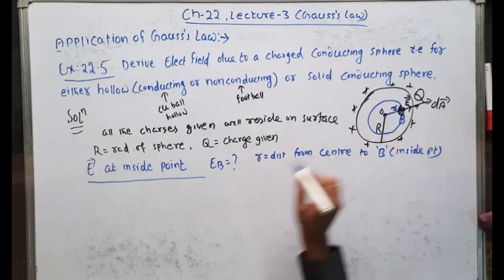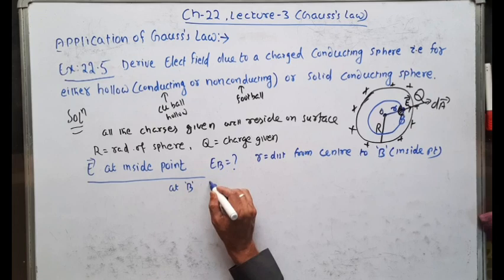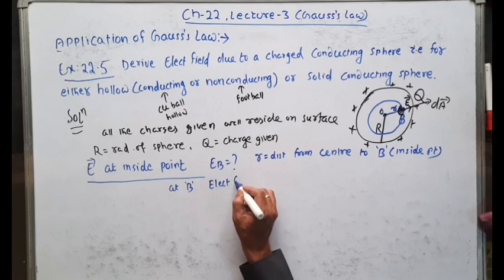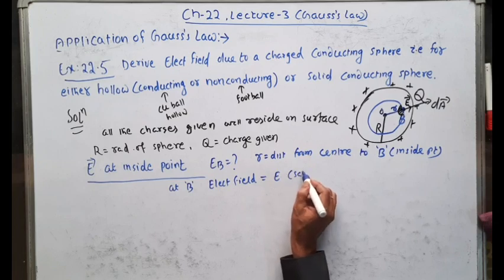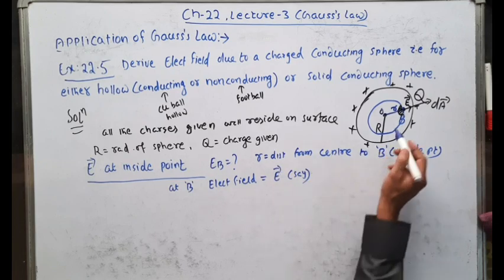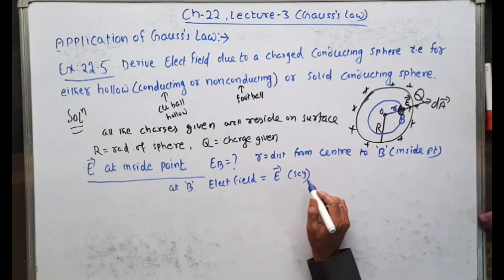Let us say the electric field intensity at point B is E, directed outward, and the area vector is also outward. Then what is the flux?